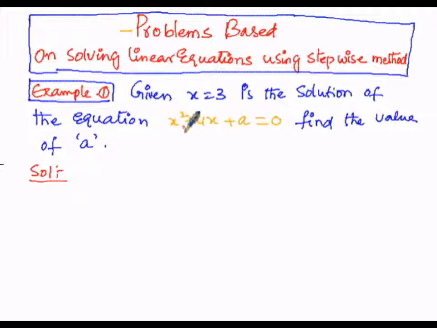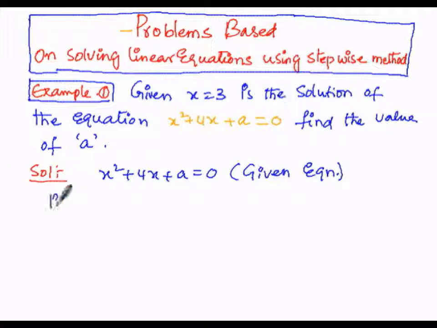So by substituting x as 3 in it, we can find out the unknown, which is a. So now in our solution, x square plus 4x plus a is equal to 0 is the given equation, in which x is equal to 3 is the solution set.